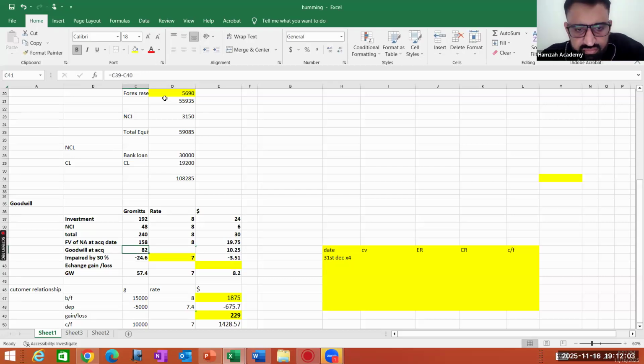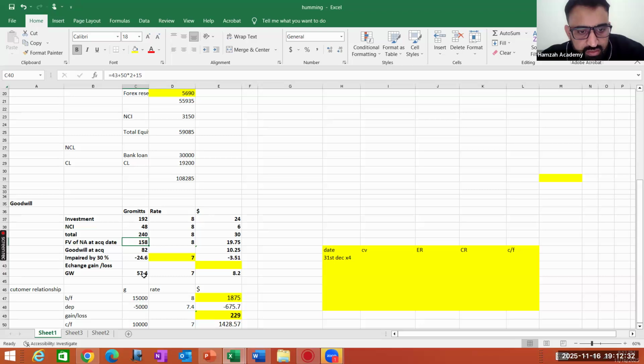So the goodwill will be 182. In the fair value of the net asset, 43 ringgit, 50 dinar translated at the exchange rate of 2 ringgit is equal to 1 dinar, and 50 million is the fair value adjustment relating to customer contract. So total fair value of the net asset will be 158. So following would be the goodwill.